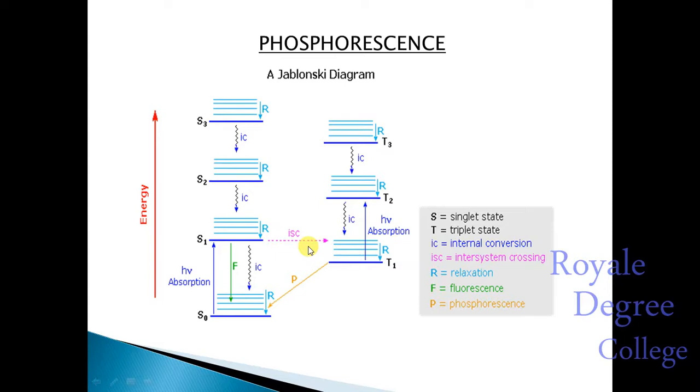And from T1, when it comes back to the S0 state, it is mentioned as P, which is nothing but phosphorescence. And from T1 it moves to T2, from T2 towards T3, and from T3 it comes back to T2. So it is mentioned as IC, that is internal conversion, and from internal conversion it takes a relaxation state, then comes back to the next energy level. Like that it happens in the phosphorescence case.